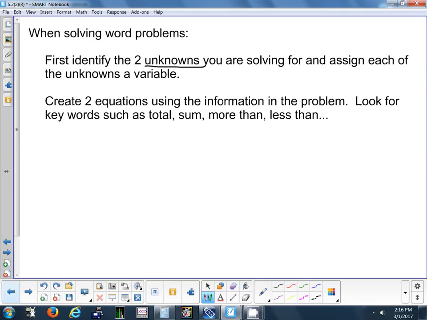So when you see total, like if you total things up, what operation is that in math? Josh? Addition. So if we see the word total, we think addition. Sum also means addition. Less than, or fewer than, you'd see subtraction. So I can't list every possible word you could ever see. There's tons of them. But we'll go through it and see if we can figure out our 2 equations.